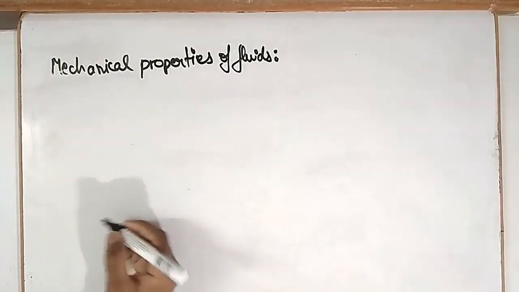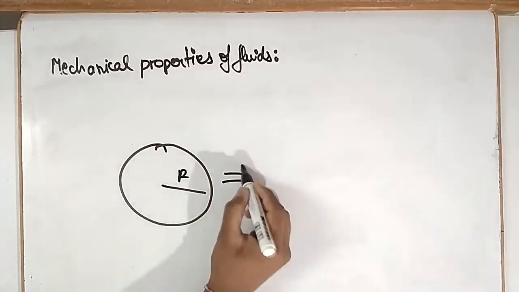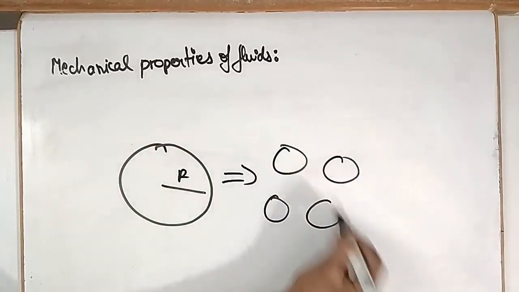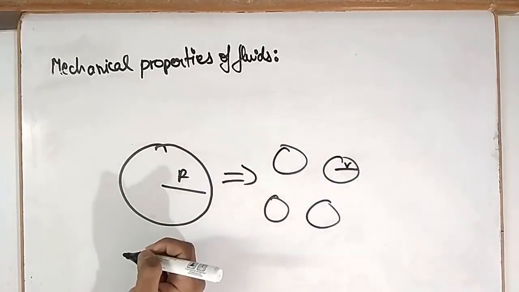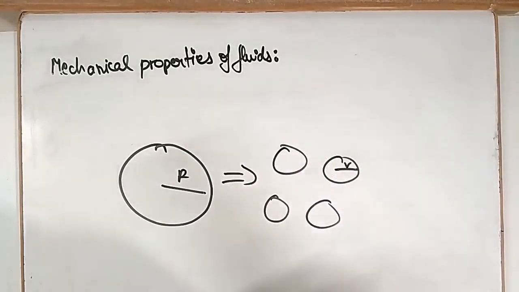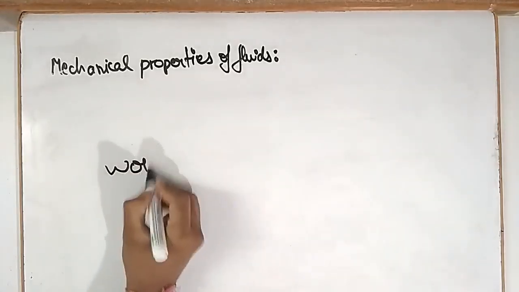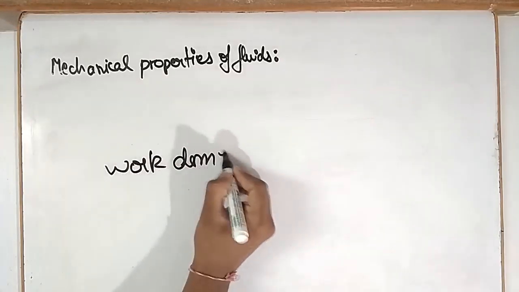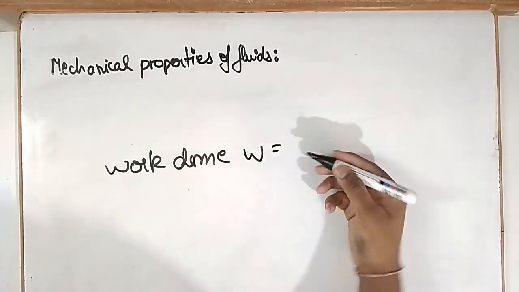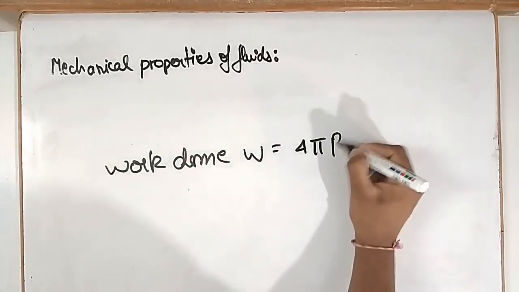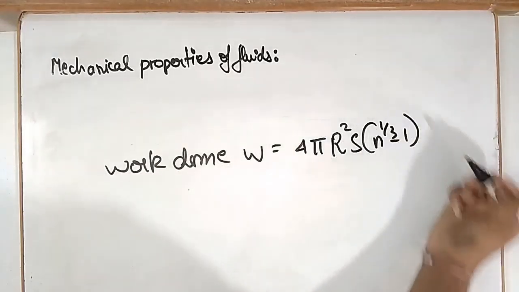Now, if a drop of water of radius R is broken into n identical droplets of radius r, then we can write that the work done W to break into n identical drops is equal to 4 pi R square S into (n to the power 1 by 3 minus 1).